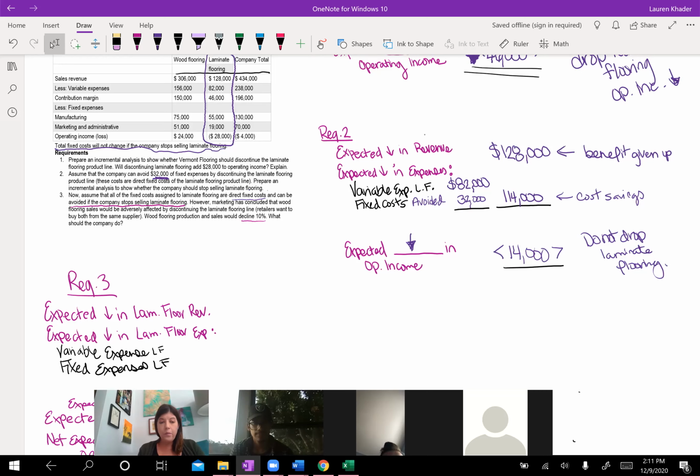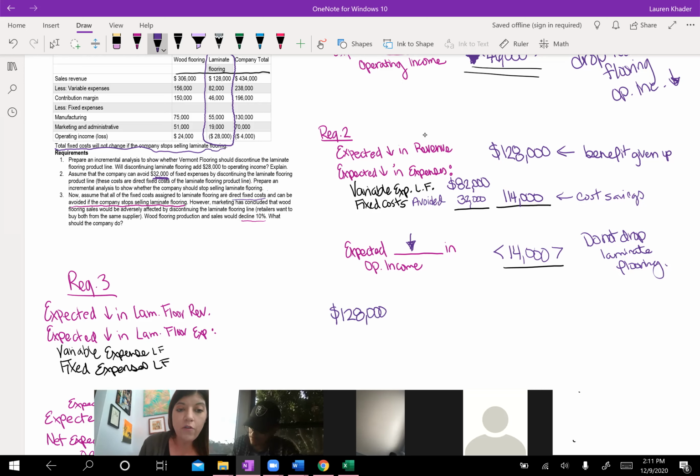So we have expected decrease in laminate flooring revenue. Obviously, we're giving up that benefit of 128,000 again. And then we have some expenses that are avoided.